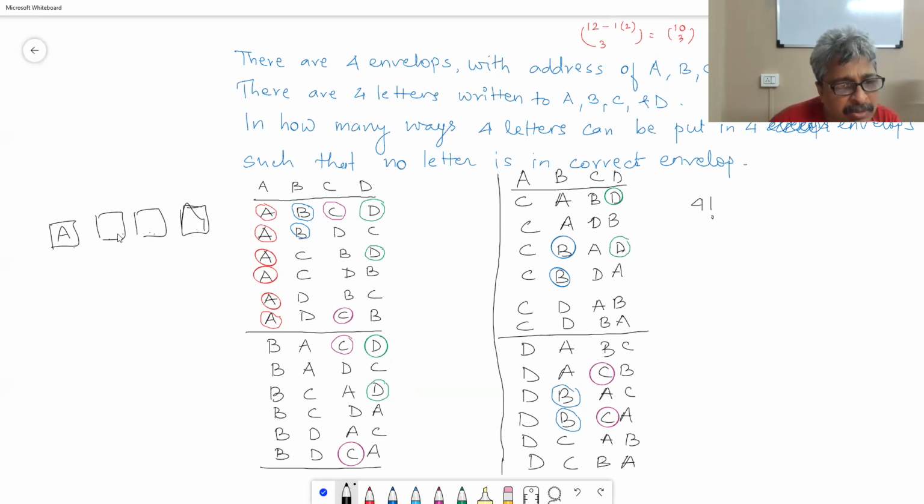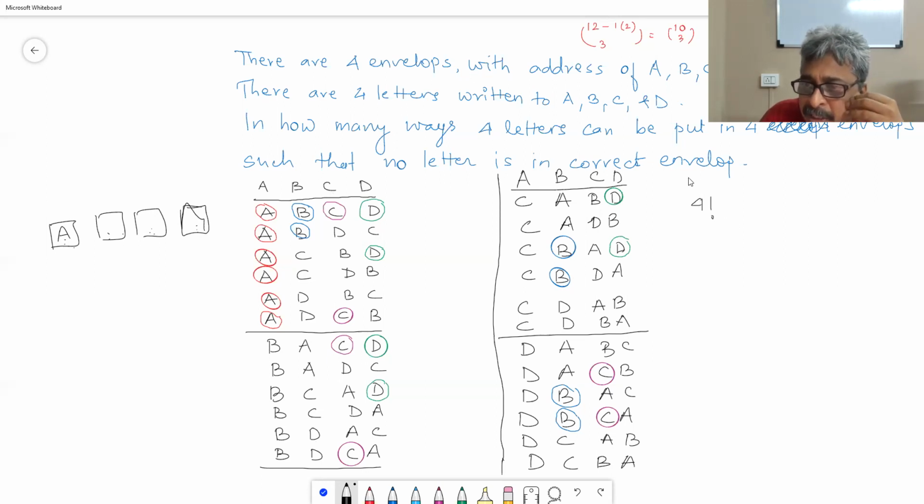So 3 factorial, can you check this? If A is in correct position, it is gone. How many of them will be there? This place can be occupied by 3, this can be 2, this can be 1. Therefore, for A, 3 factorial ways, it is gone. So 4 factorial we have written.